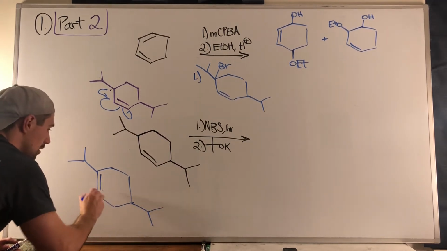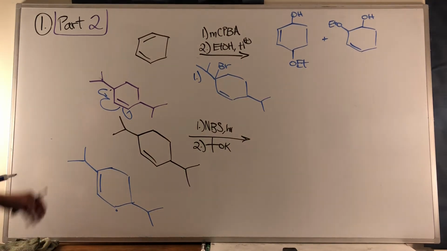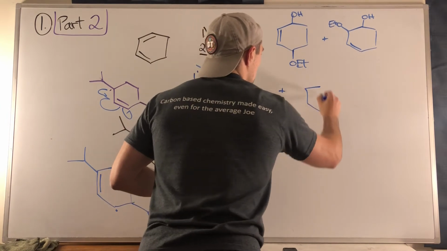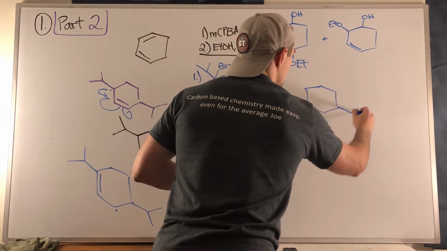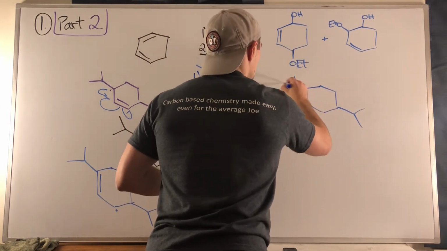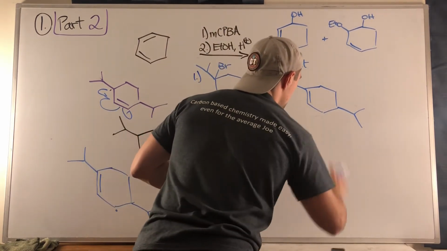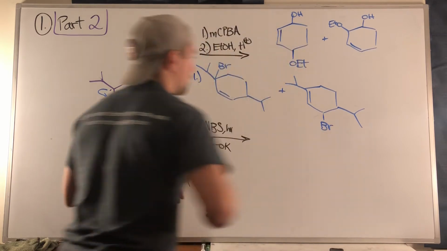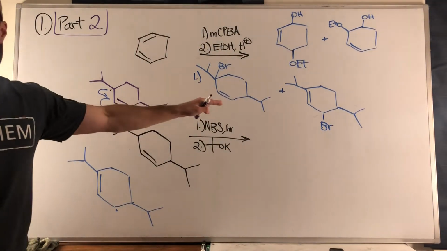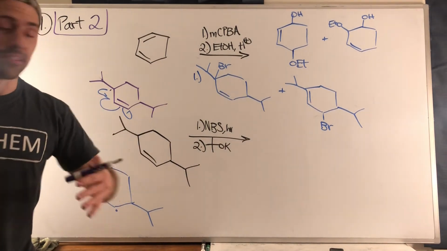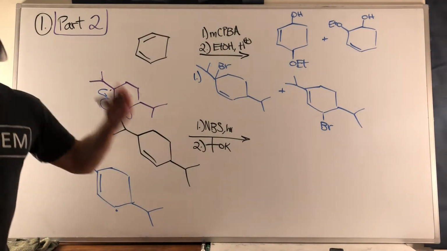Double bond here, radical there, okay? So we're also going to generate, well, I'll do plus. So we're carrying forward 2 things, if you will. Oh, that's where the bromine will go. Bromine will go right there. Okay, so after step 1, we have these 2 alkenyl bromides, or allylic bromides, whatever you want to call them.